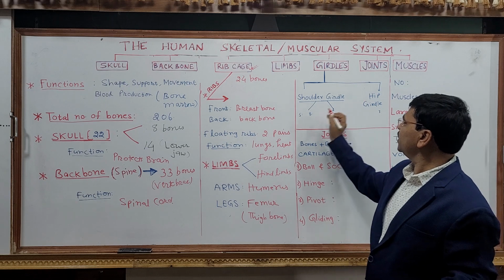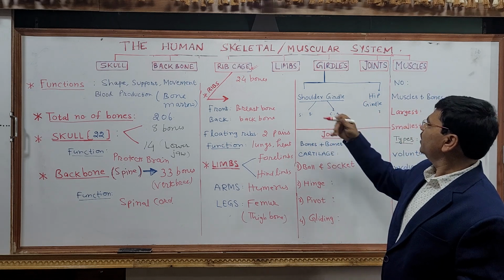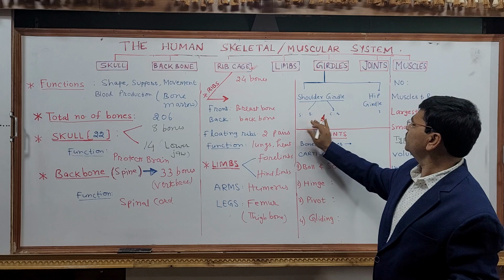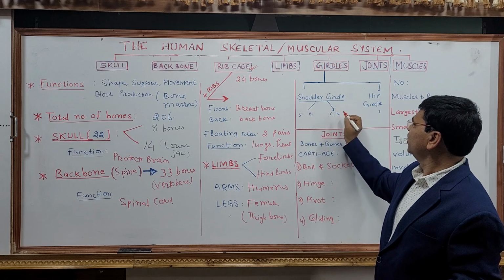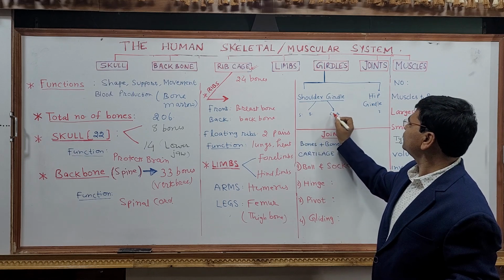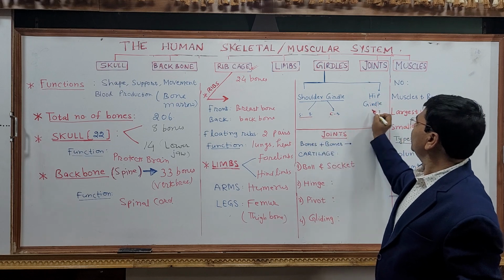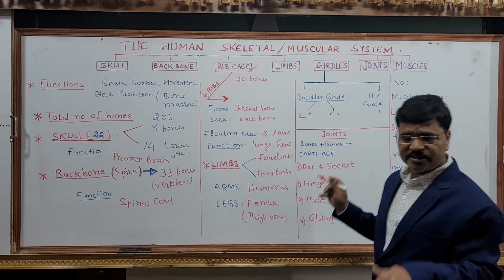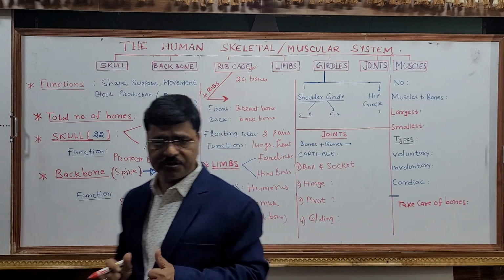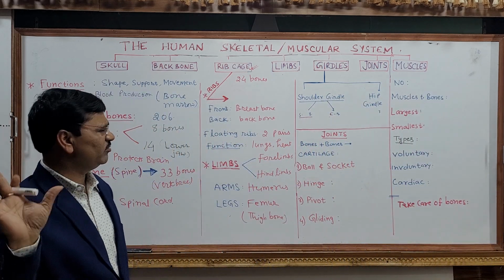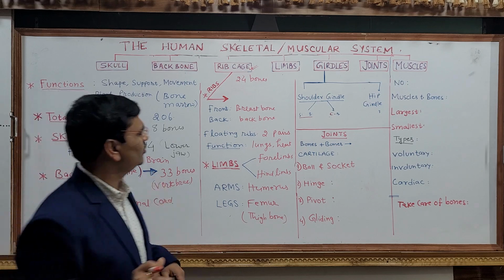The shoulder girdle consists of the shoulder bone and one more bone, let it be, it is not there in your book. We come to the hip girdle. The hip girdle is made up of a ring of 3 bones. Only the names you remember. That much is there in your book.